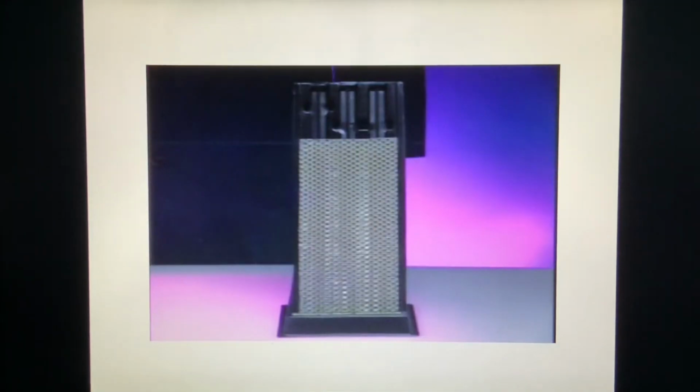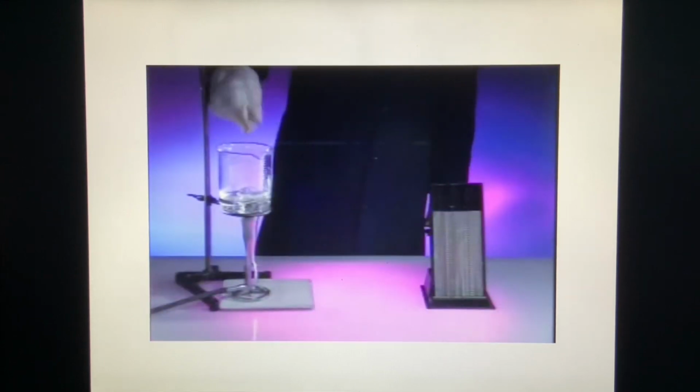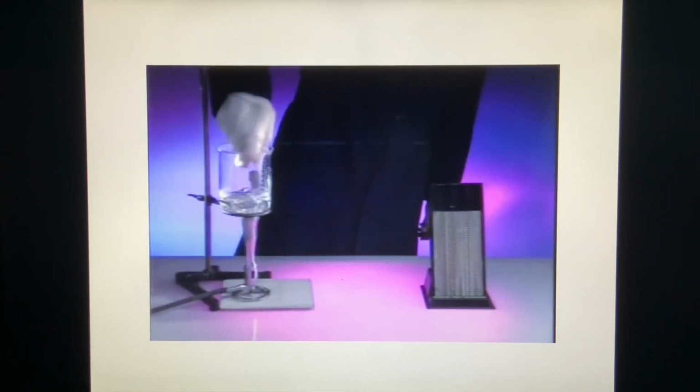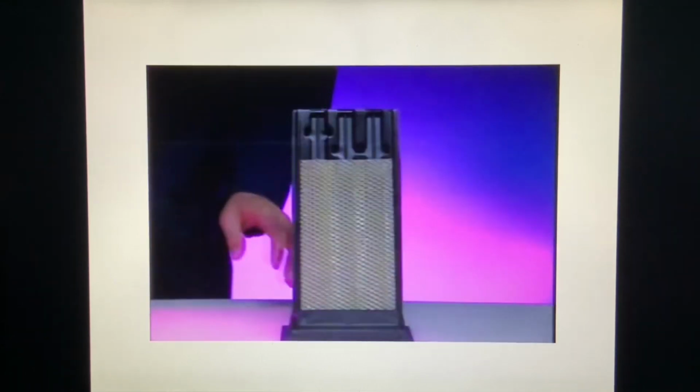We'll use these three metal cylinders to demonstrate how heat capacity varies for different materials. The cylinders, made of aluminum, steel, and lead, have equal mass. They are slotted to slide on small rails in this frame, which is covered with a thin sheet of beeswax. The rods are heated in boiling water to 100 degrees Celsius.